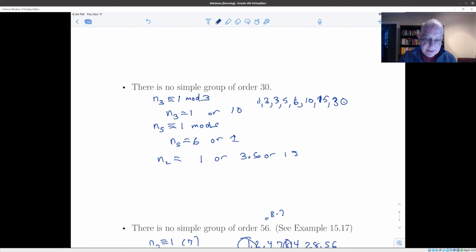Let's take the case of N5, and let's suppose that N5 is equal to 6.